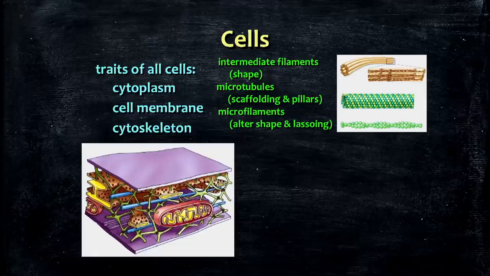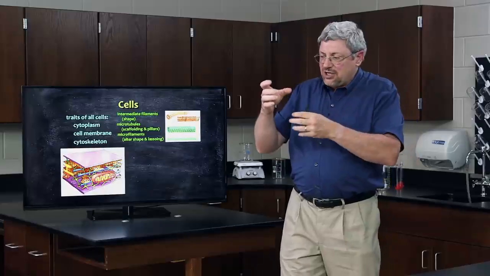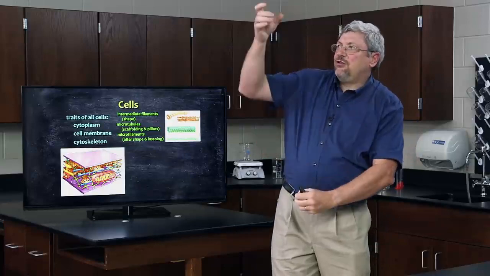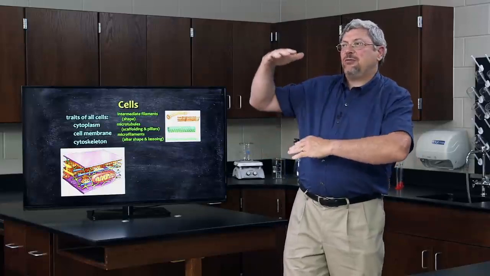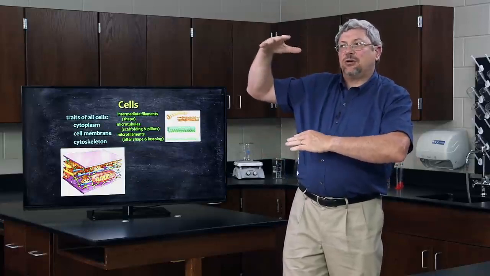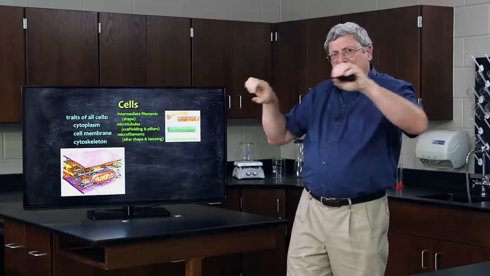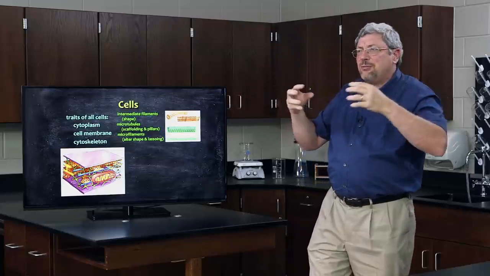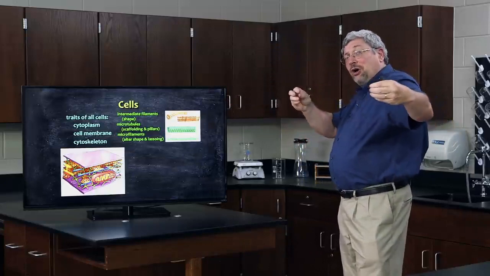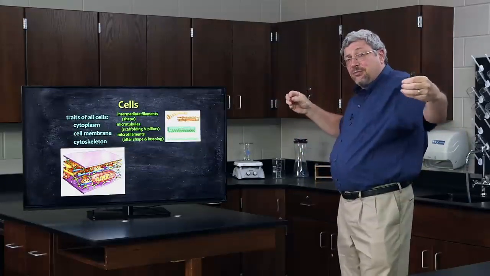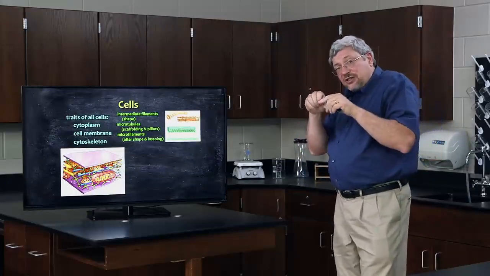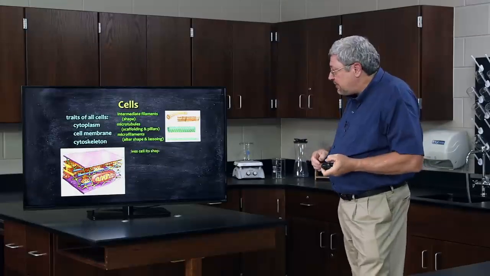There are twisted elements that are kind of more like cables, and these fulfill these kinds of functions in the cell. They might go from one side of the cell to another to make the cell fat, or they might pull the cell in to make it hot dog shaped, or they might make the cell long, cylindrical shaped. So the cytoskeleton can give the cell its shape.